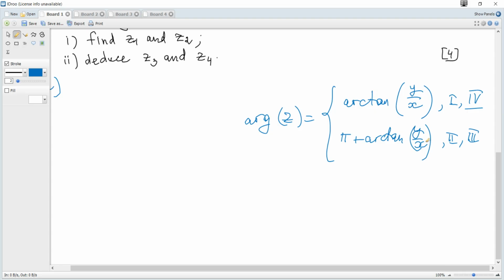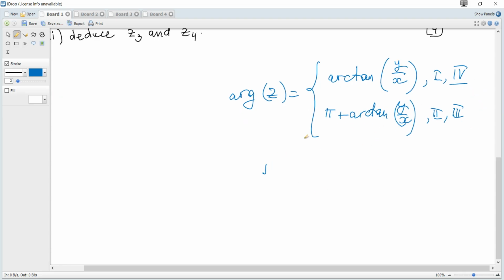And notice that arctangent is an odd function. Arctangent of a negative value is negative arctangent. So for this problem it becomes 180 plus arctangent, and the complex number is -1 minus root of 3i, so it's negative root of 3 over -1, so it's just root of 3, it's plus, so it becomes 180 plus 60.